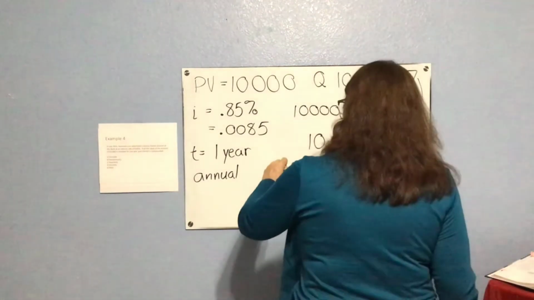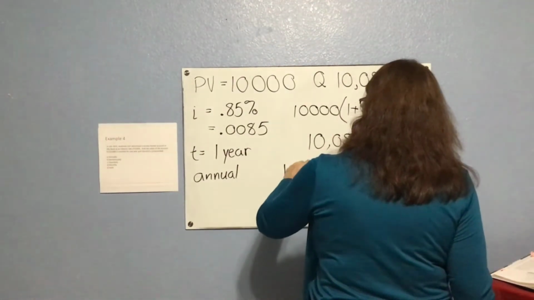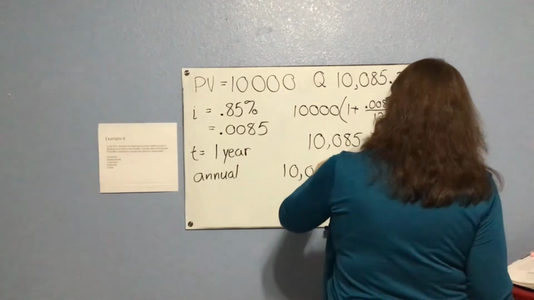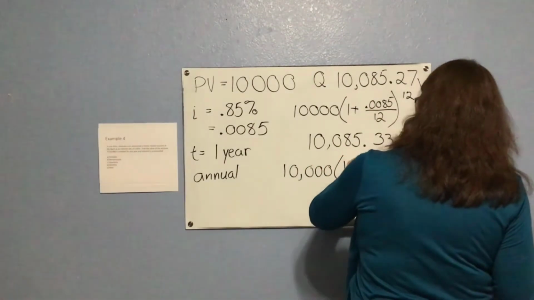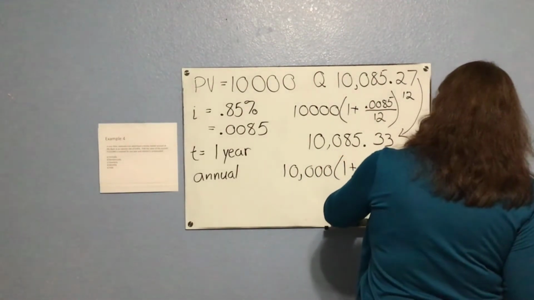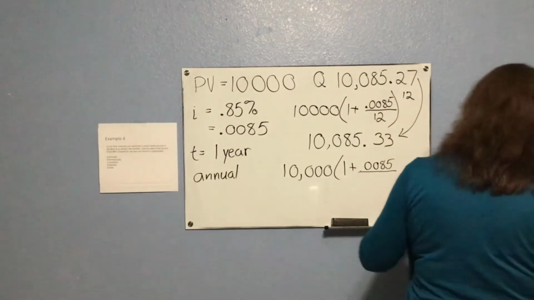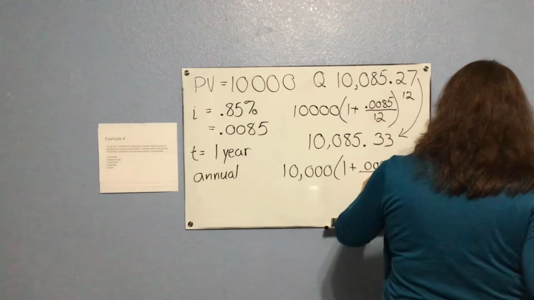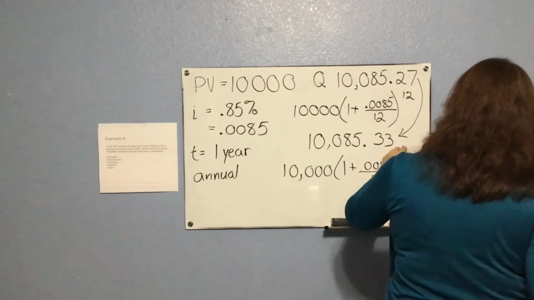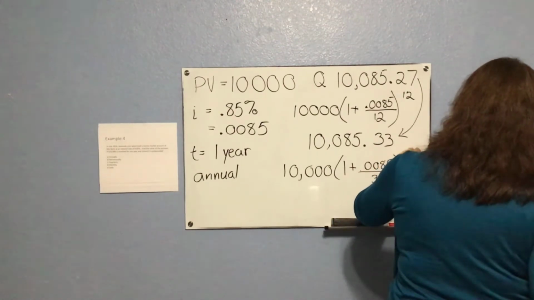The last one they ask us is about daily compounding. And for daily, we need to divide by 365 and raise it to the 365th power.